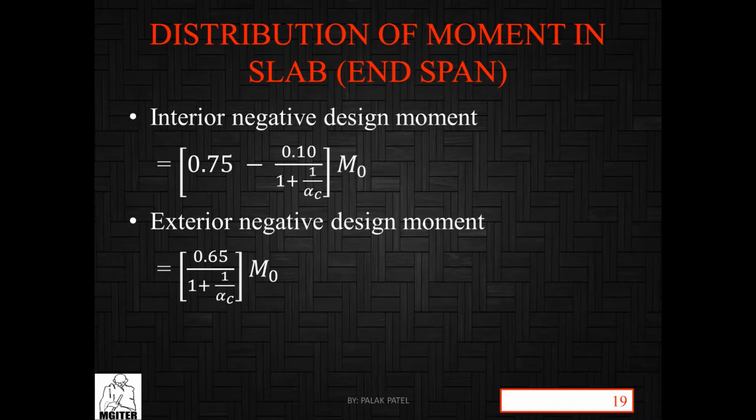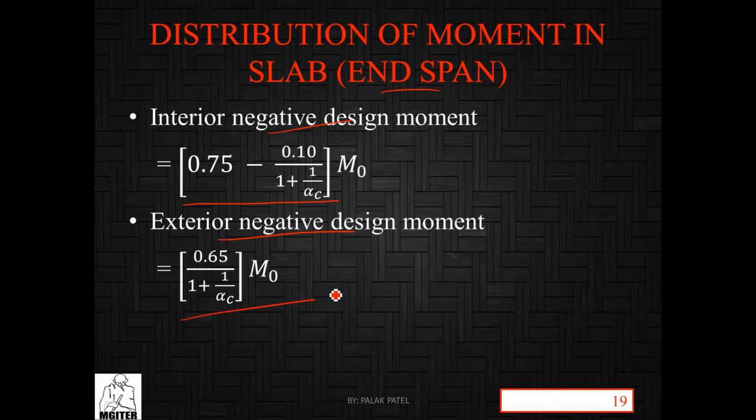Now there is a change in the end span. Interior negative design moment, exterior negative design moment. This is the equation: interior is 0.75 minus 0.1 divided by (1 plus 1 divided by alpha c) times M0. Exterior is 0.65 divided by (1 plus 1 divided by alpha c) times M0.